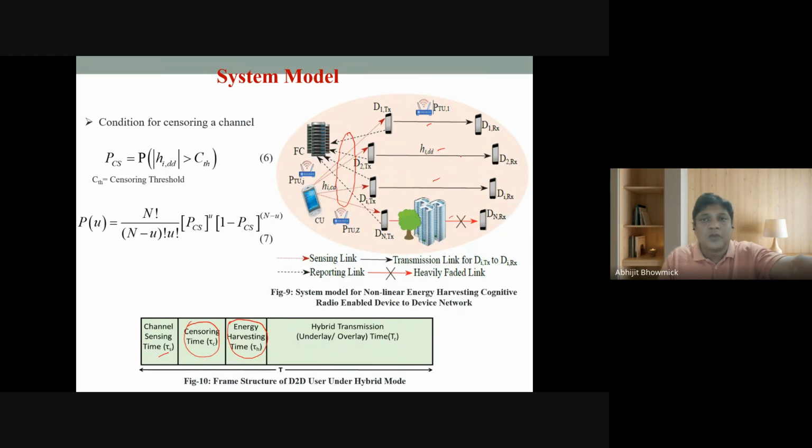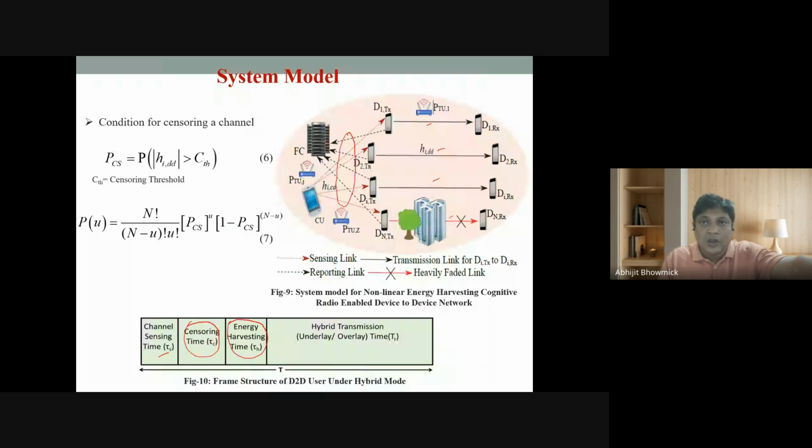The problem is, it may happen, see, n number of users are there, that one or more users may suffer from blockage. Here it is the nth user, meaning the channel is heavily faded. If this happens, then that information may not be delivered to the user successfully, or even if it is delivered, it will be distorted much. The receiver user may not be able to decode the information successfully.